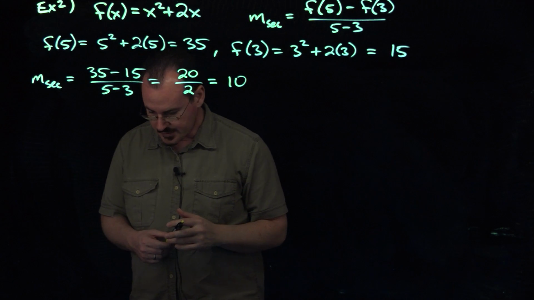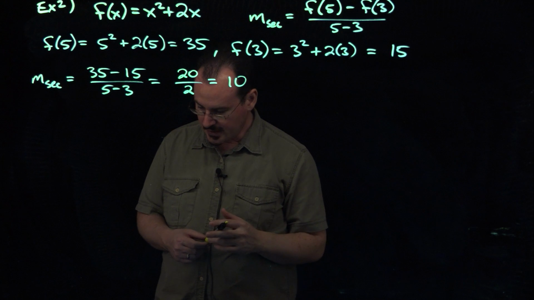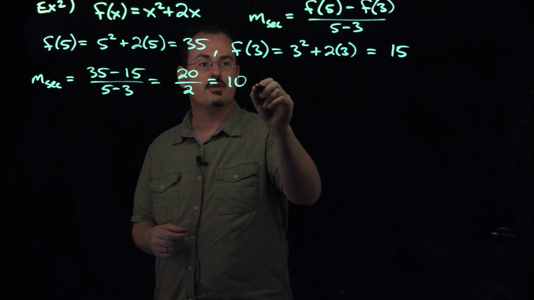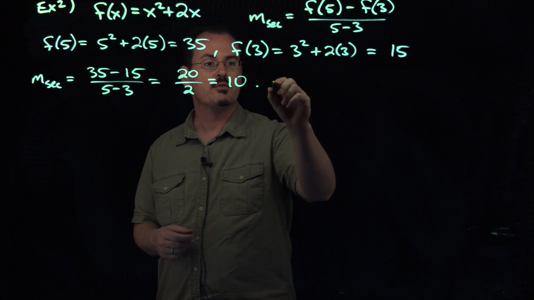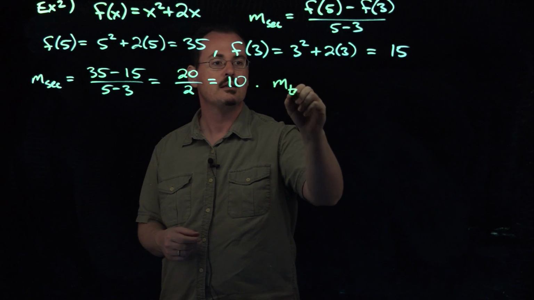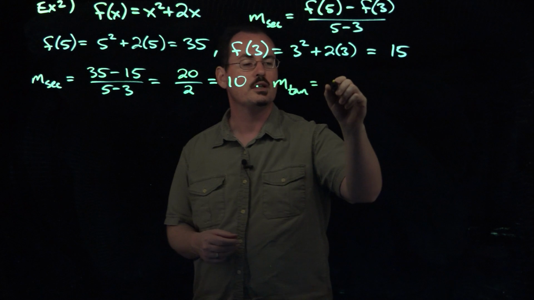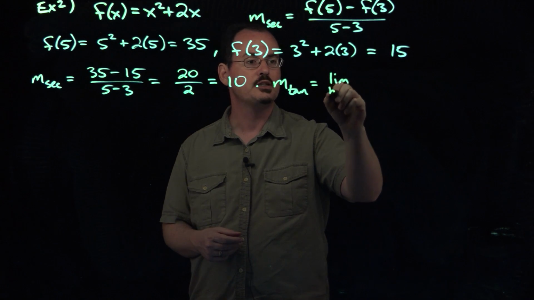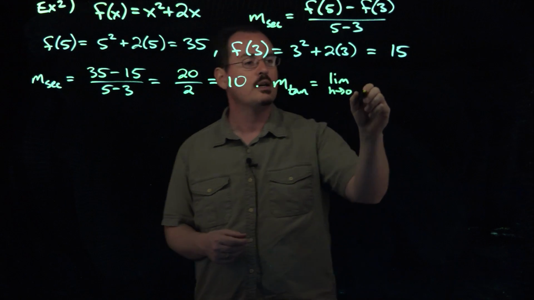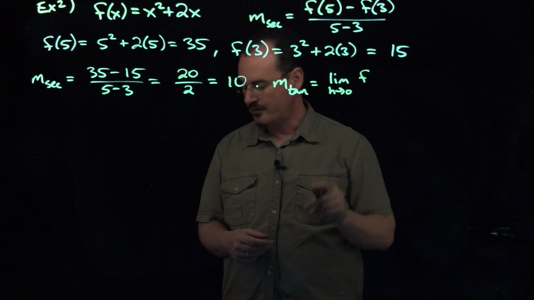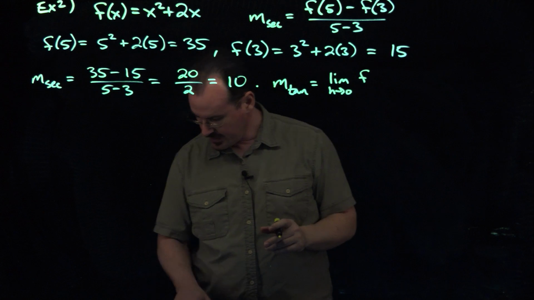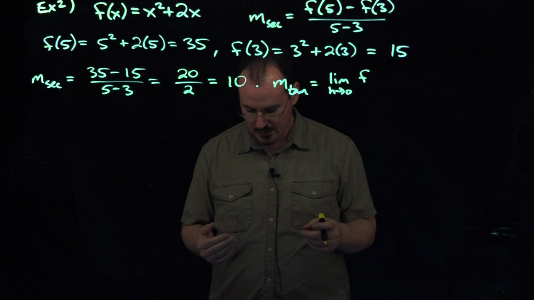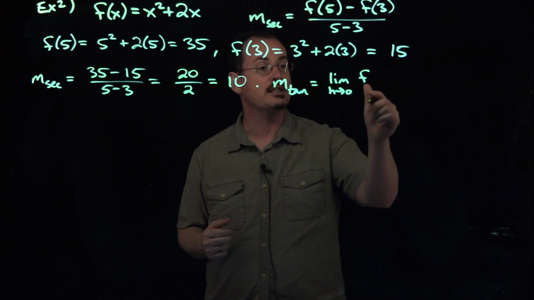Then it says, find the equation of the tangent line through the point where x is equal to 3. All right, so for that one, the slope of the tangent line, the equation for that is the limit as h approaches 0 of f of x plus h, but in this case we're actually looking for what's the slope of the tangent line when x is 3.